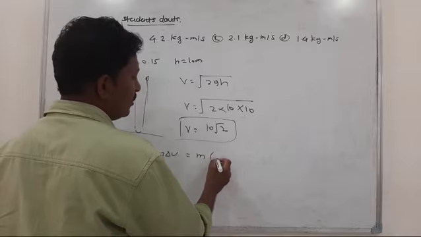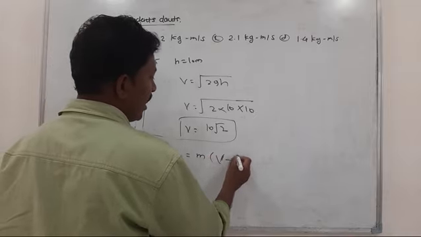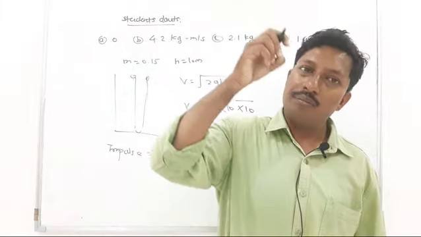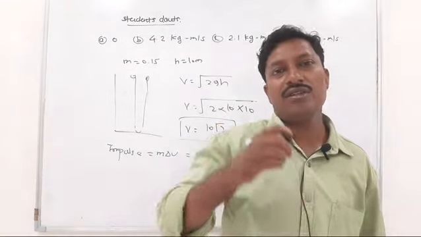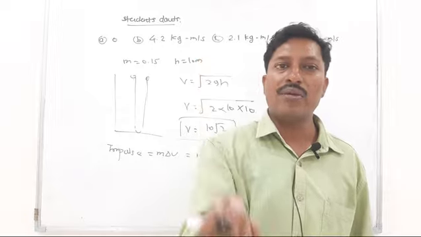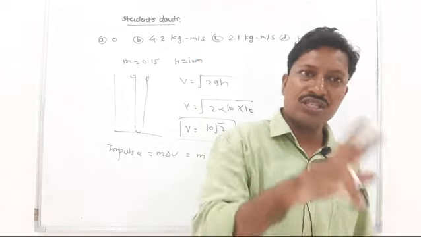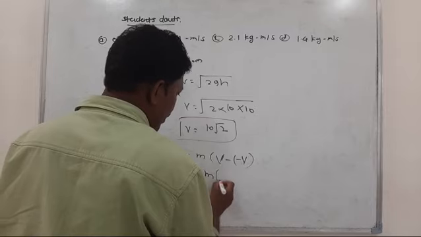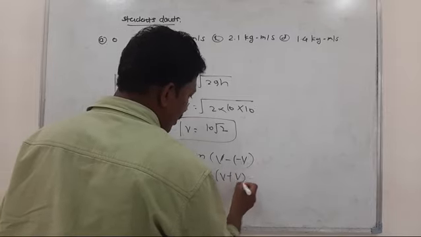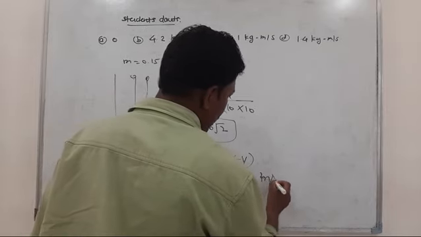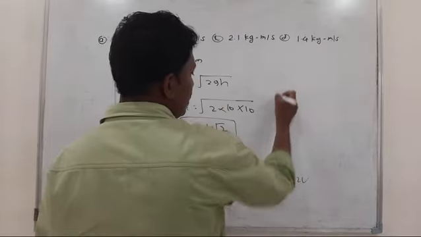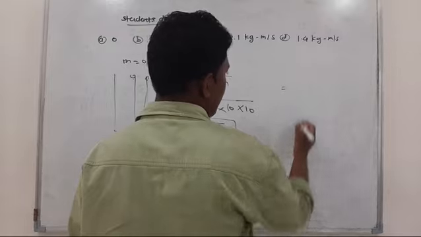Means what student, v minus of v, because velocity of a before striking is equal to the velocity of a after striking, right. म्हणजे both velocities are the constant, that is m into v plus v, that is m into 2 times of v, right student.